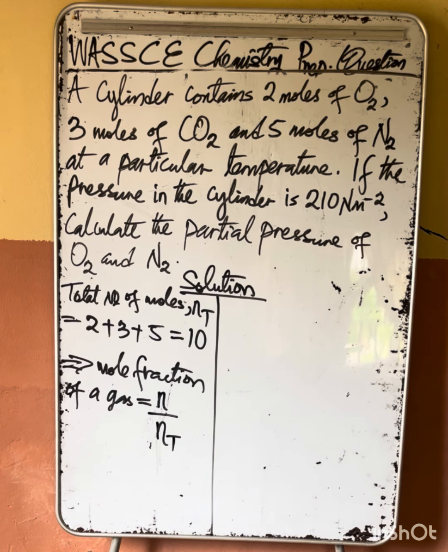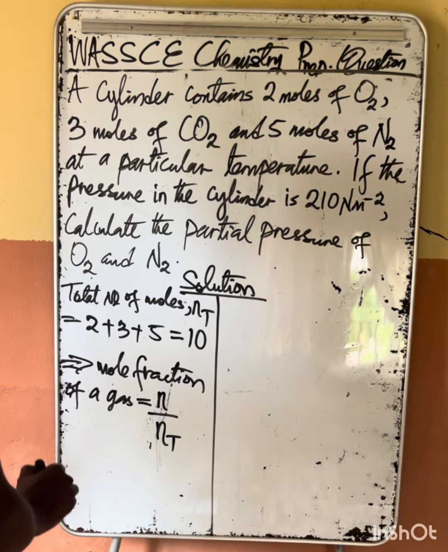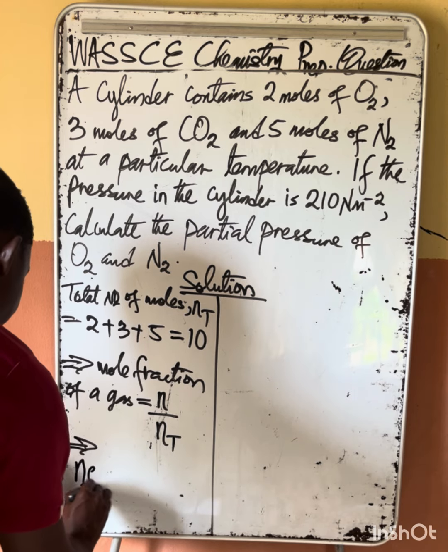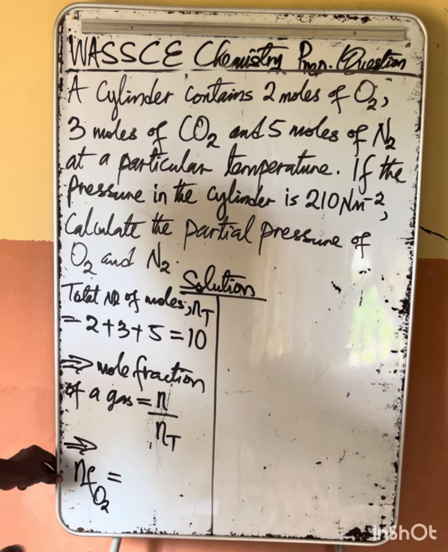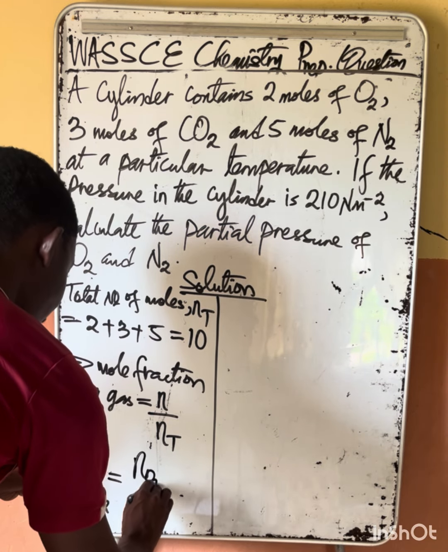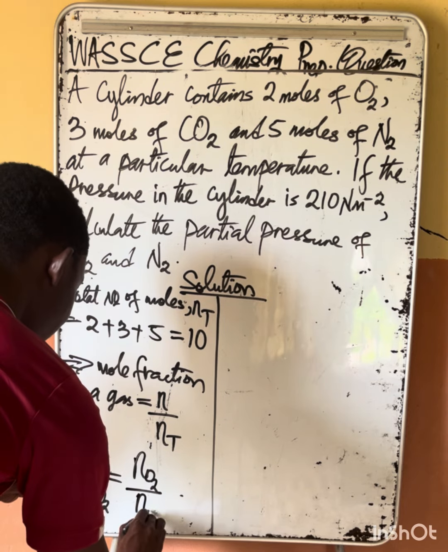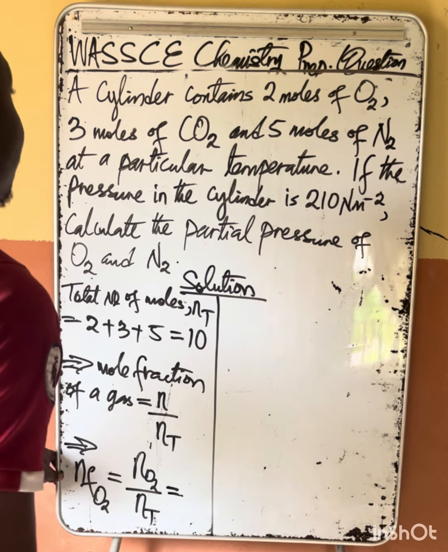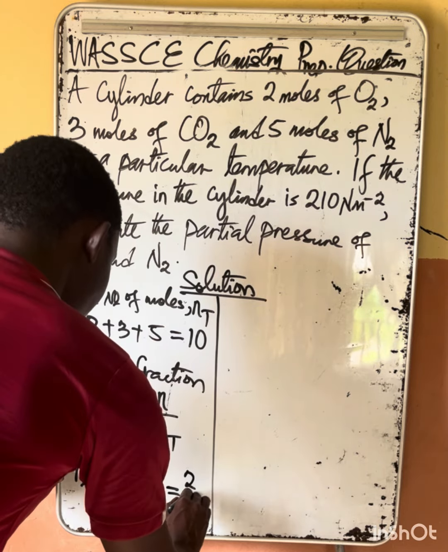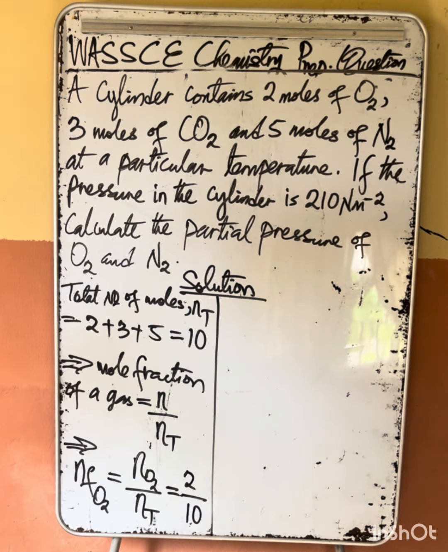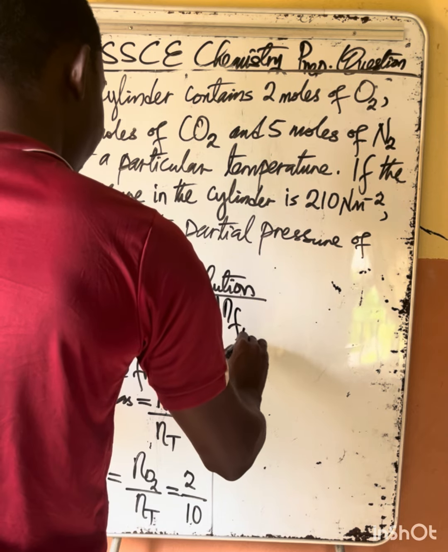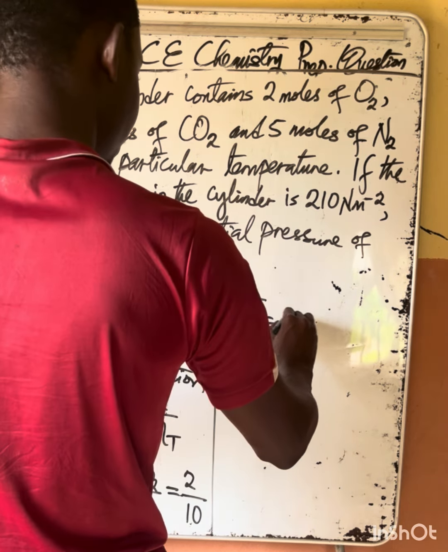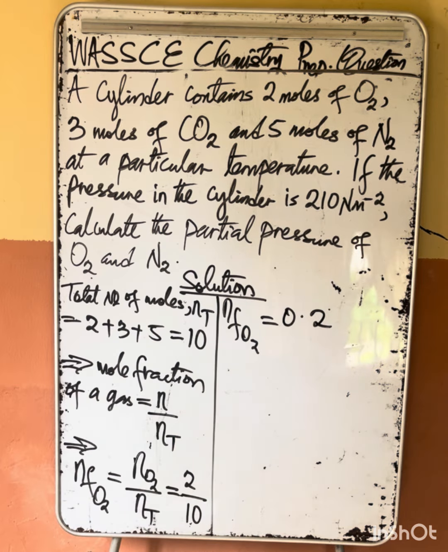So for oxygen, which is the first one, I will call it NFO2, will be number of moles of oxygen over the total number of moles in the gaseous mixture. If I substitute, the number of moles of oxygen in the question is 2, the total number of moles is 10. So NFO2 will leave us with 0.2.